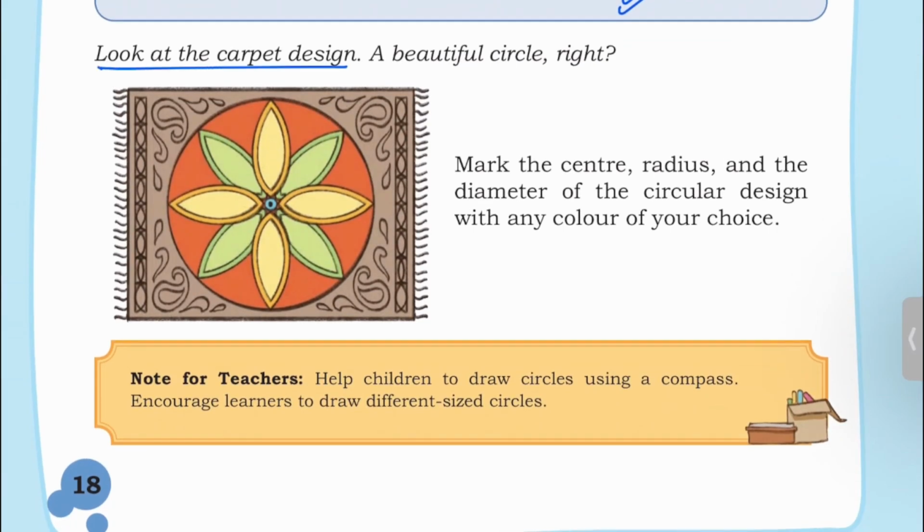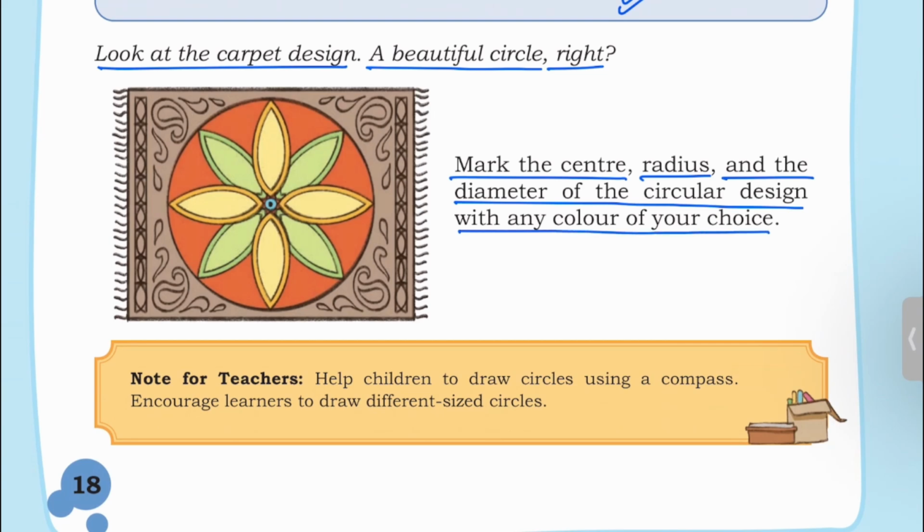Look at the carpet design. A beautiful circle, right? Mark the center, radius and the diameter of the circular design with any color of your choice. This point is the center of the circle or center of the design.